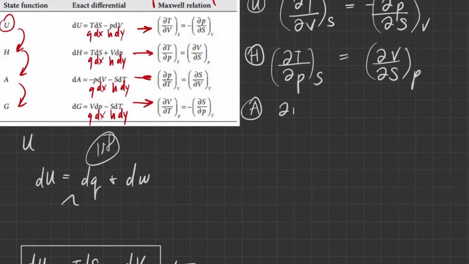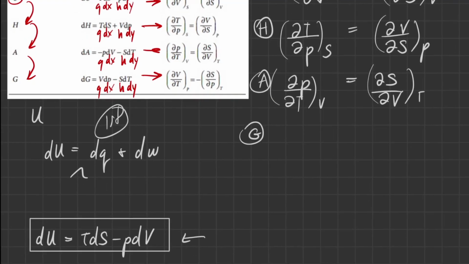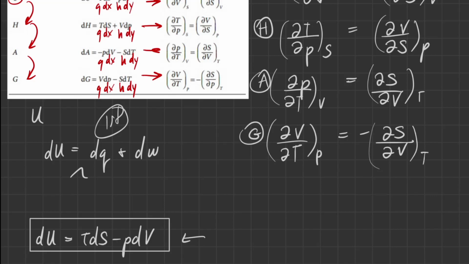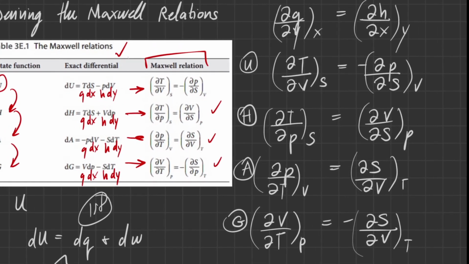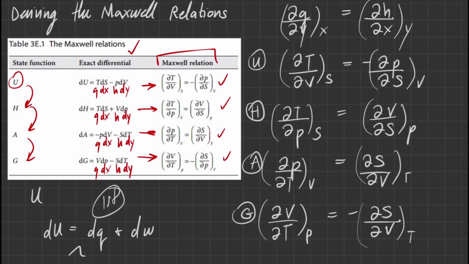The partial of P with respect to T at constant V is equal to the partial of S with respect to V at constant T. And then for the Gibbs free energy, here the minus sign actually does matter: the partial of V with respect to T at constant P is equal to negative the partial of S with respect to P at constant T. Now we can double check all of them. Yep, that makes sense. That kind of works out, and there are the Maxwell relations.